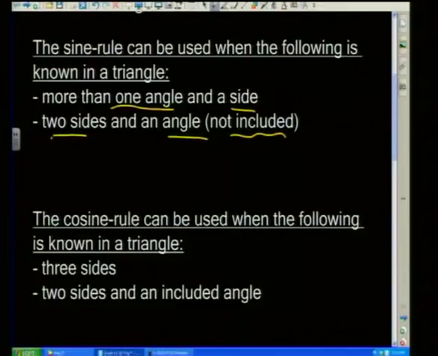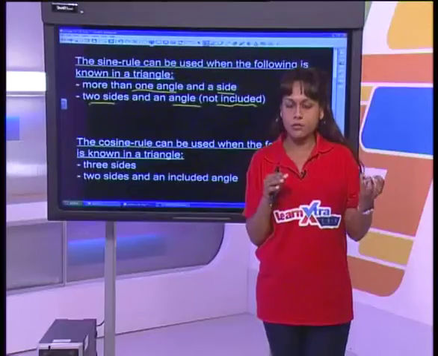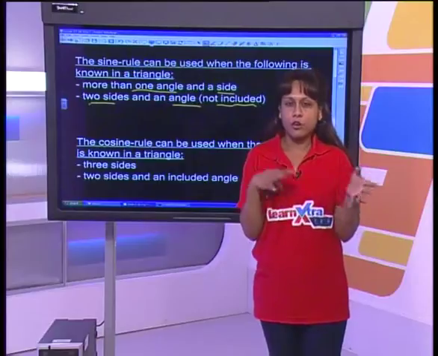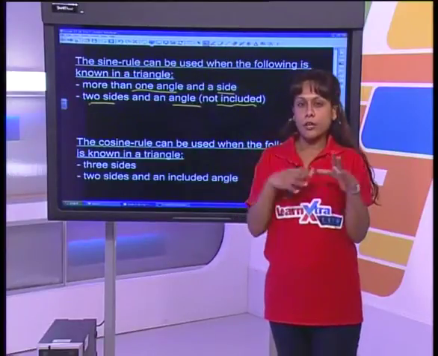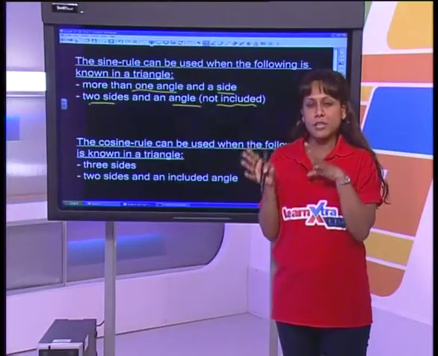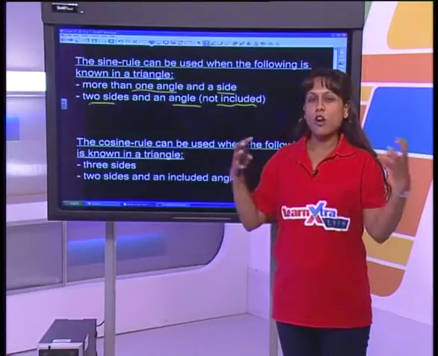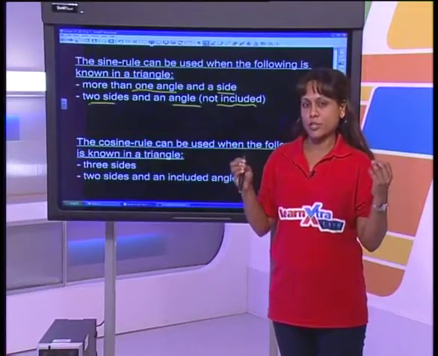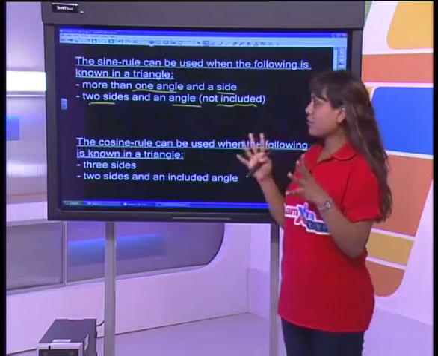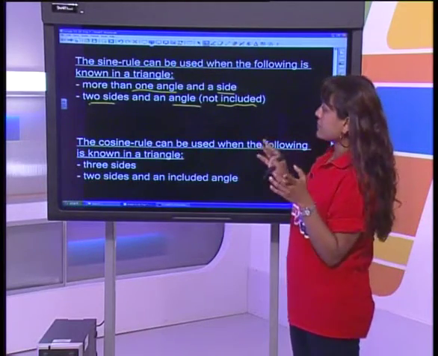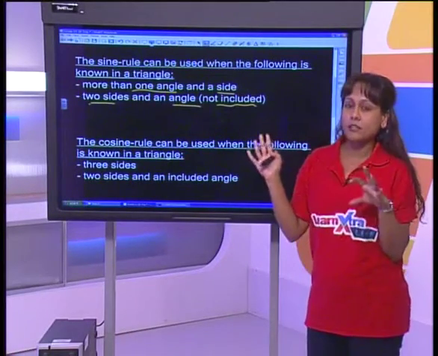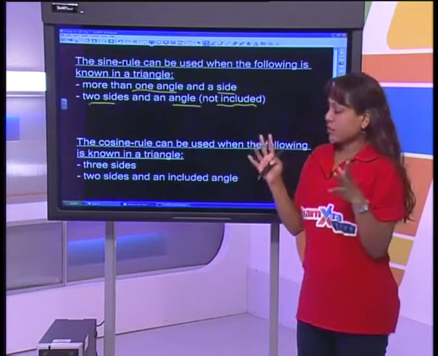Okay, if the angle is included, then you can't use the sine rule. You've got to perhaps go for the cos rule, or work around it, and you may need to do a longer approach to the question. Okay, if we come across those, I'll point it out then. But generally, if you've got two sides and an included angle, then you're looking at the cos rule.